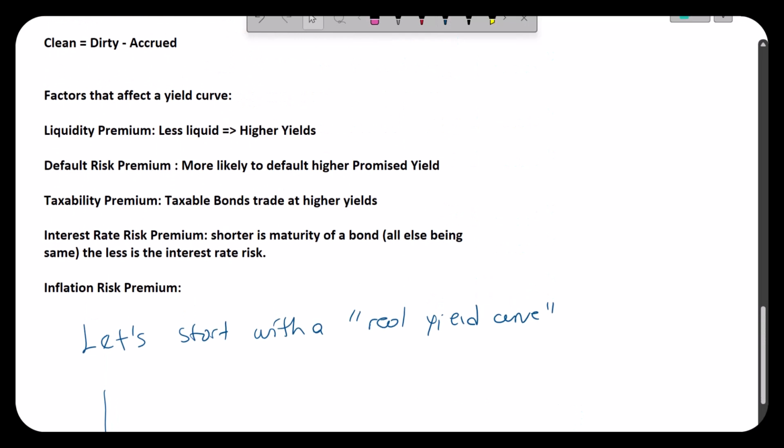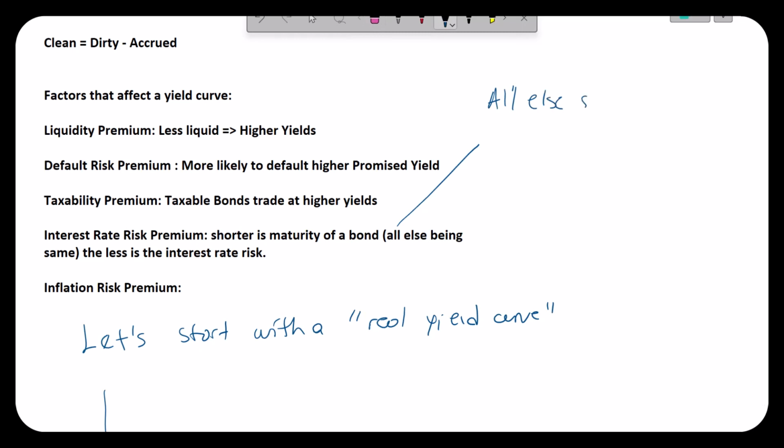Oh, another thing, let me write here. Interest rate risk is higher for lower coupon bonds.